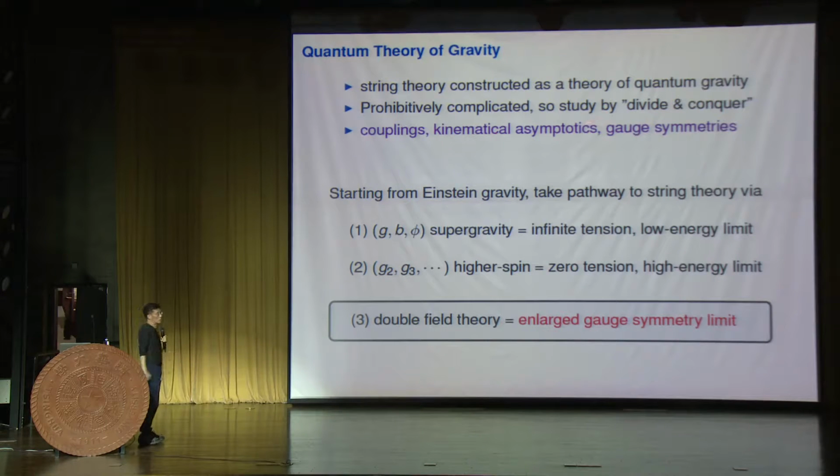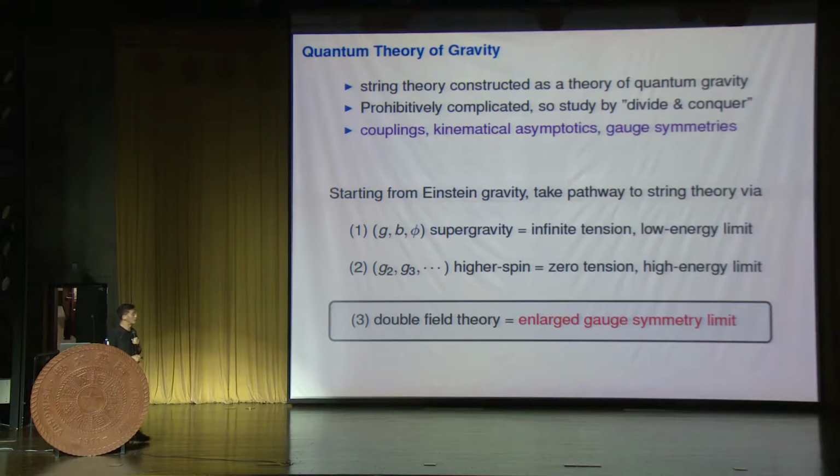So the rule is usually we divide and conquer, taking certain limits, for example, weak coupling or strong coupling by duality, or certain extreme kinematic asymptotics, or you massage the gauge symmetry into a deformed form. That is the rule of the game we've been playing, and we'd like to do an exercise along these directions in the case of the quantum theory of gravity.